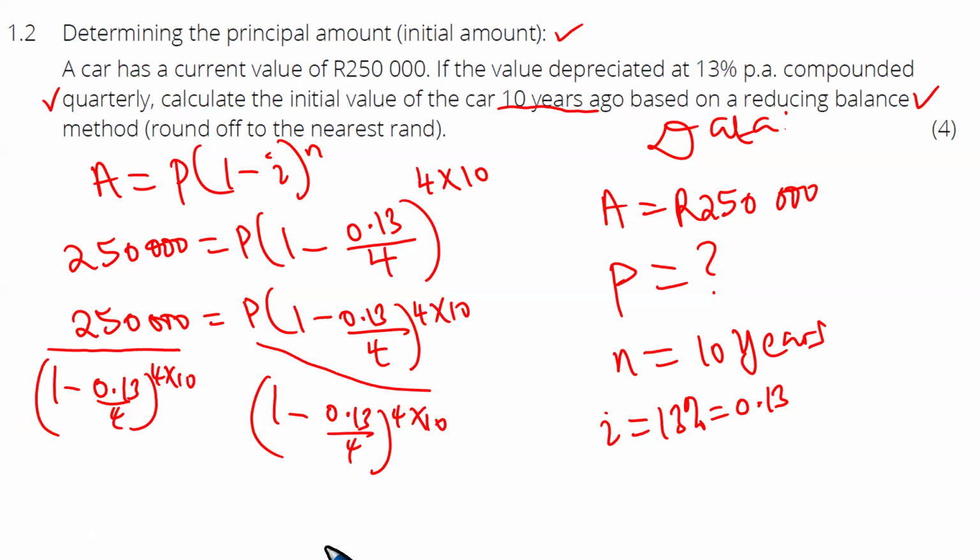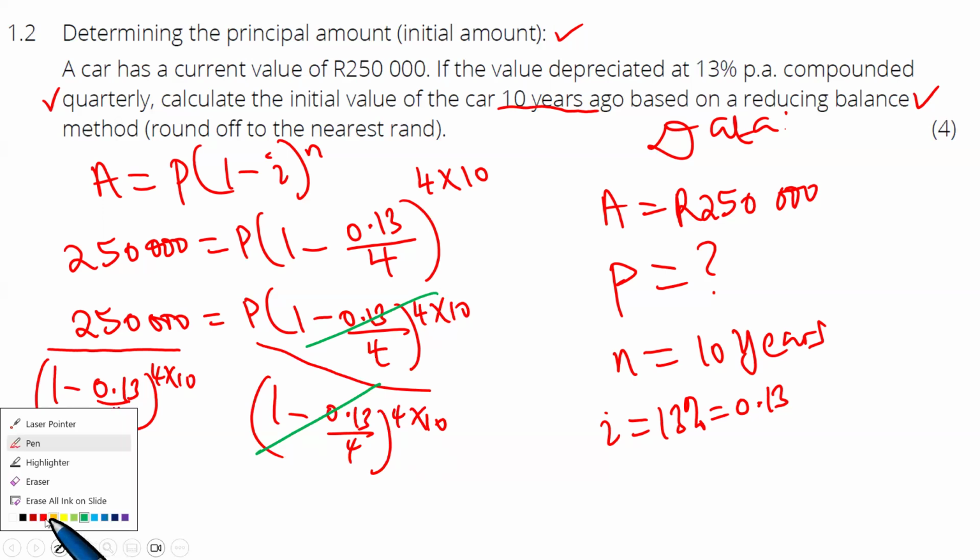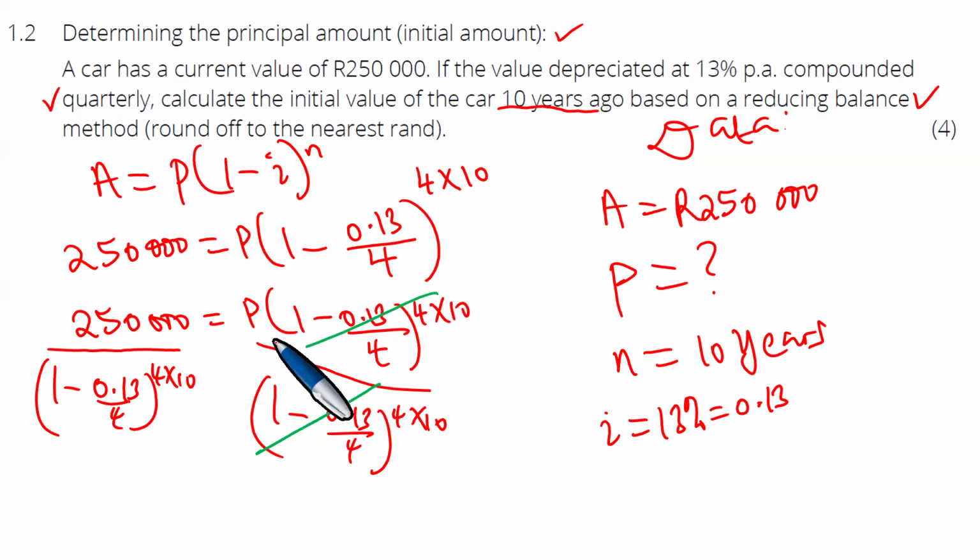We're good. So what are we actually able to achieve here? So now we can see that this here is going to cancel this. And what then you're able to achieve is exactly the fact that our present value is going to be equal to 250,000 divided by that.